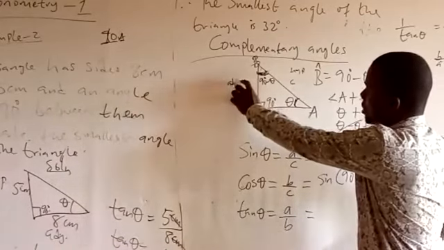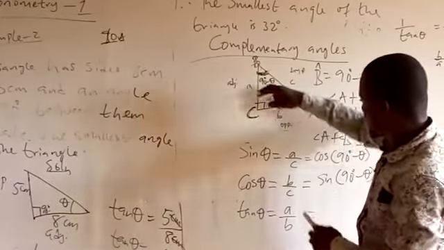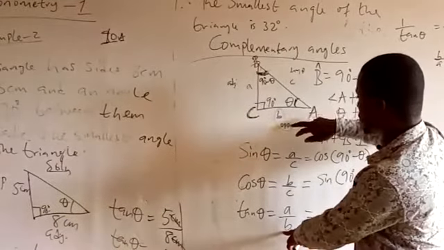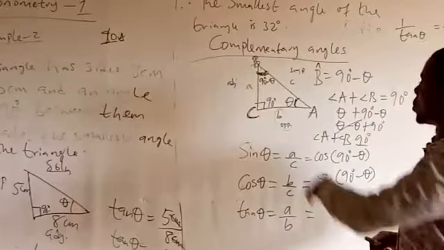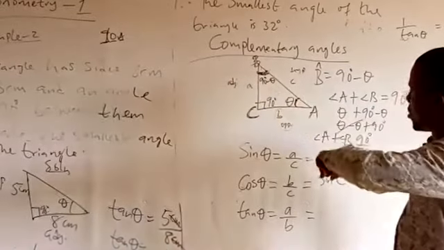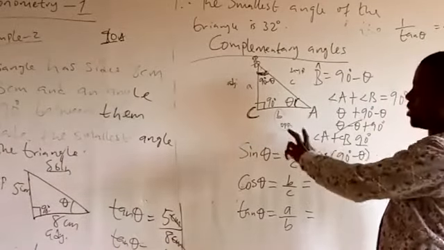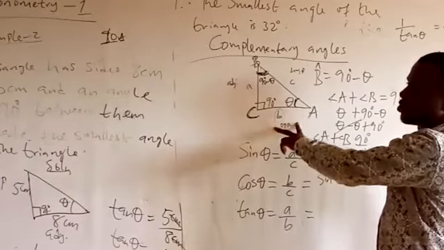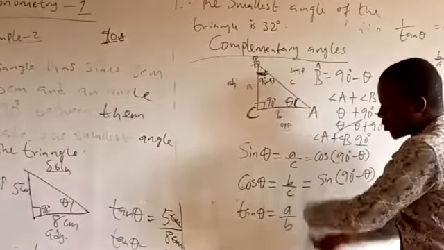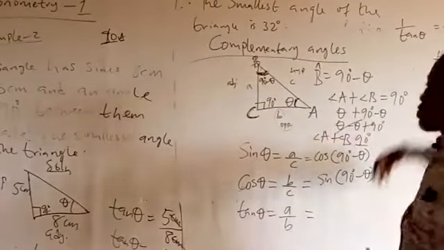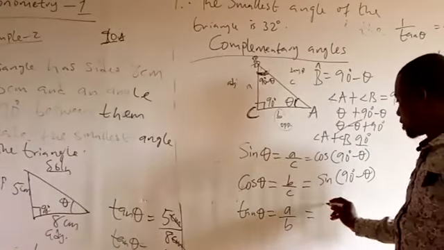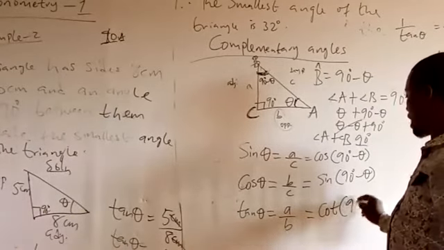Here is opposite, here is the adjacent, when I consider theta. If I consider this angle here, my opposite will be B and my adjacent will be A. It's like the inverse of this one. So inverse of tan gives cot. Now see cot bracket 90 degree minus theta.